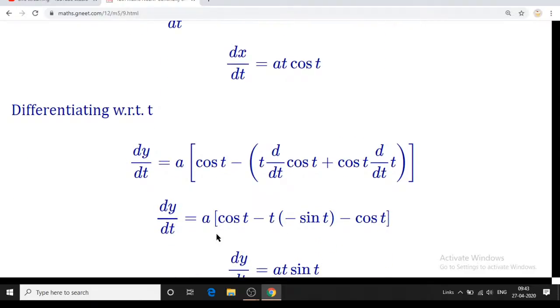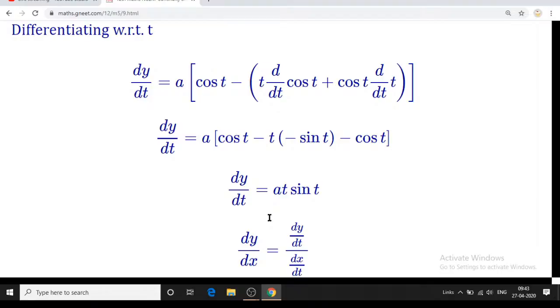So dy by dt, a cos t minus t derivative of cos t is a minus sin t. Then I have opened the bracket at the same time, so that is a minus cos t, derivative of t is 1. Now this cos t and cos t will get cancelled. This minus of minus will become plus. So we get dy by dt is a t sin t.